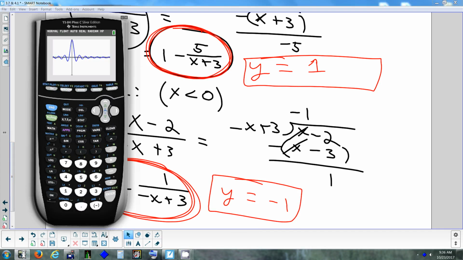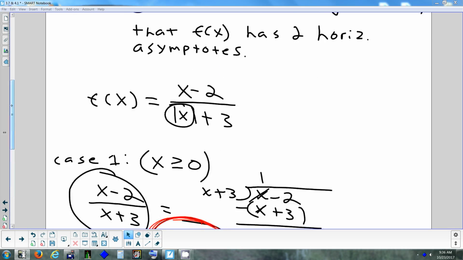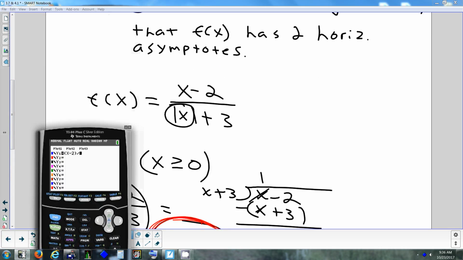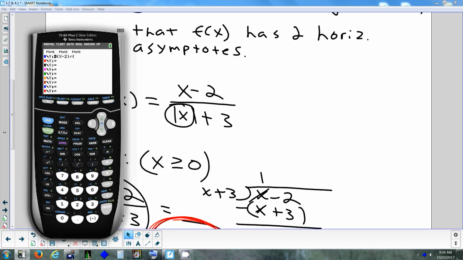Okay, let's take a quick look at the graph. So we've got x minus 2, and I'm going to put that in parentheses, divided by, parentheses again, absolute value of x plus 3. Okay, let's do zoom 6.